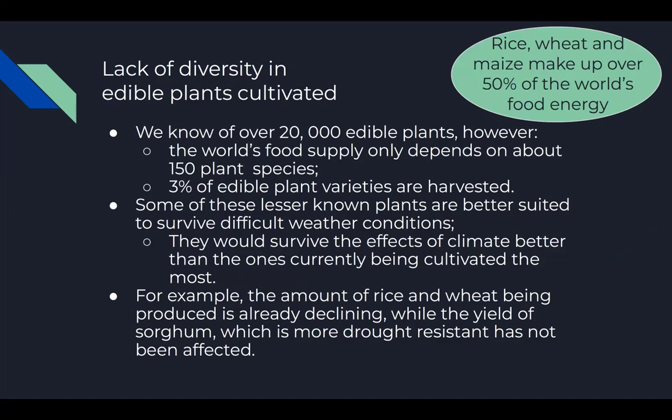But we do know of somewhere between 20,000 to 40,000 edible plants. So some of these different edible plant varieties would be better suited to survive difficult weather conditions than the ones currently being cultivated the most.